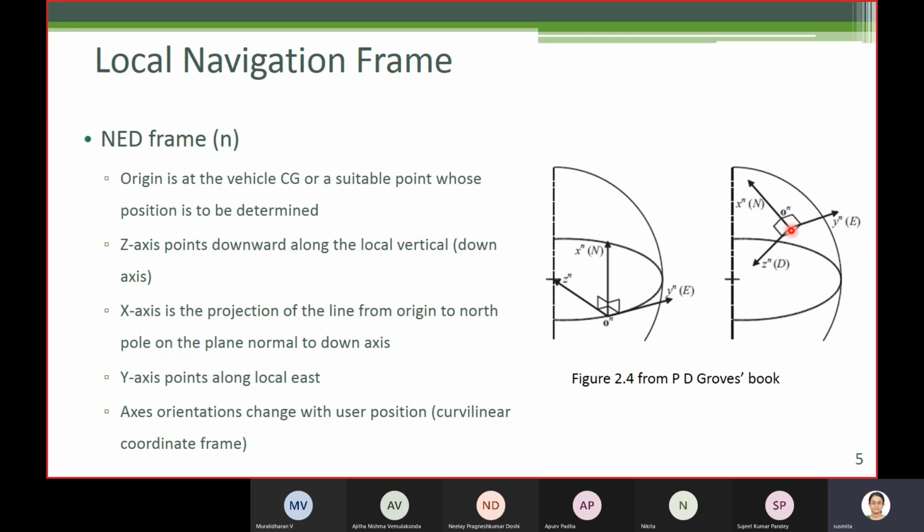In other words, the x-axis points along local north. So this is the direction of local north at this point. Okay. And the y-axis points along east, and the z-axis points down, along the local vertical.